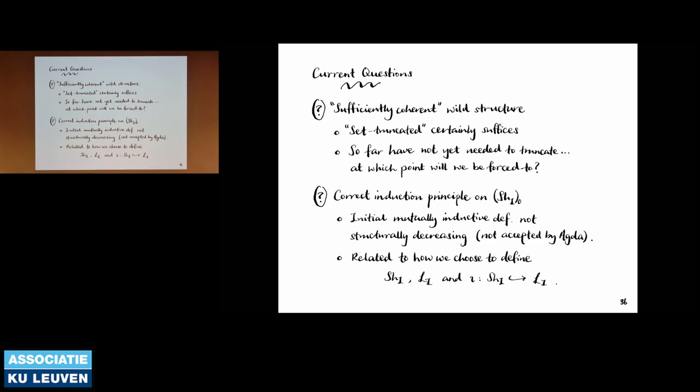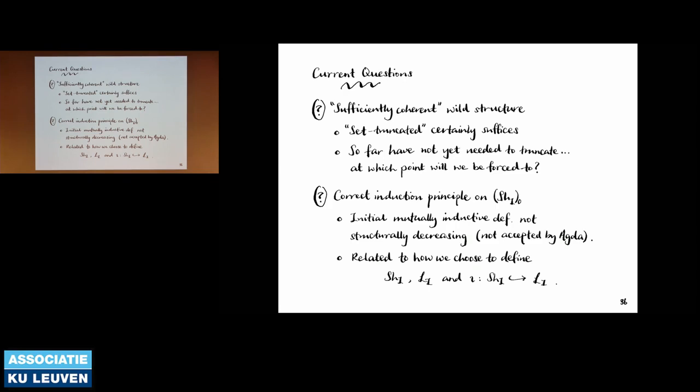This is not structurally decreasing, even though it does decrease by the fact that we're working in an inverse category, and so ACTA doesn't accept this. This is a bit of a pain because our definition is huge, it has many components, it's all mutually inductive, so we need to figure out how to get ACTA to accept this.